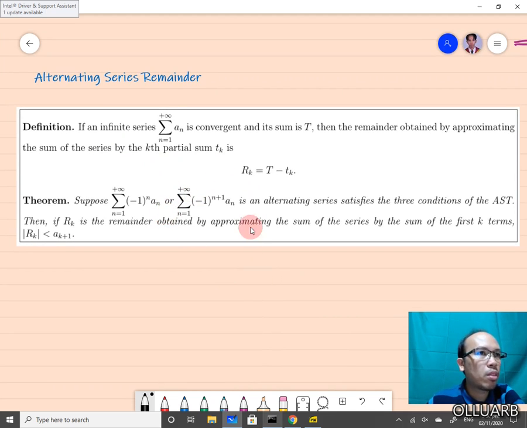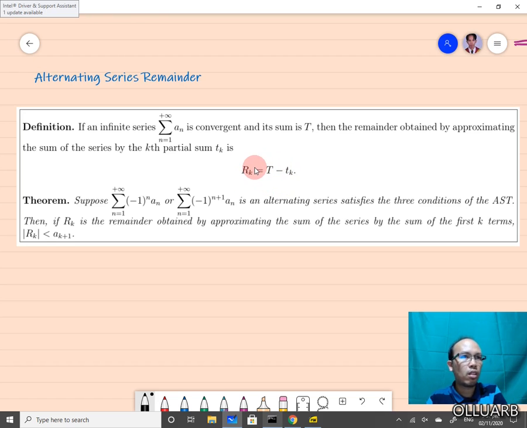Just like in the previous discussion, the remainder is denoted by r sub k here. We discussed this before. If we strip out the n terms of this series, 1 up to n, and then start from n plus 1 to positive infinity, then we will get this remainder.